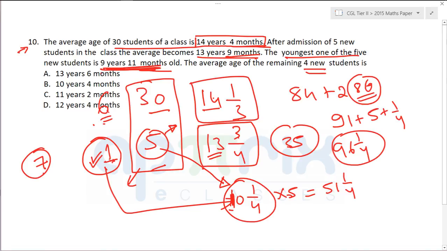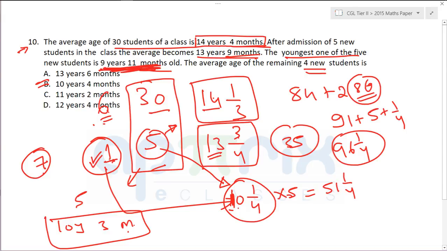Now from this you have to subtract this value. Do not waste much time. You can directly mark the answer B at this stage. Why, try to understand: this is 10 years and 3 months. So the average of 5 people is 10 years 3 months.